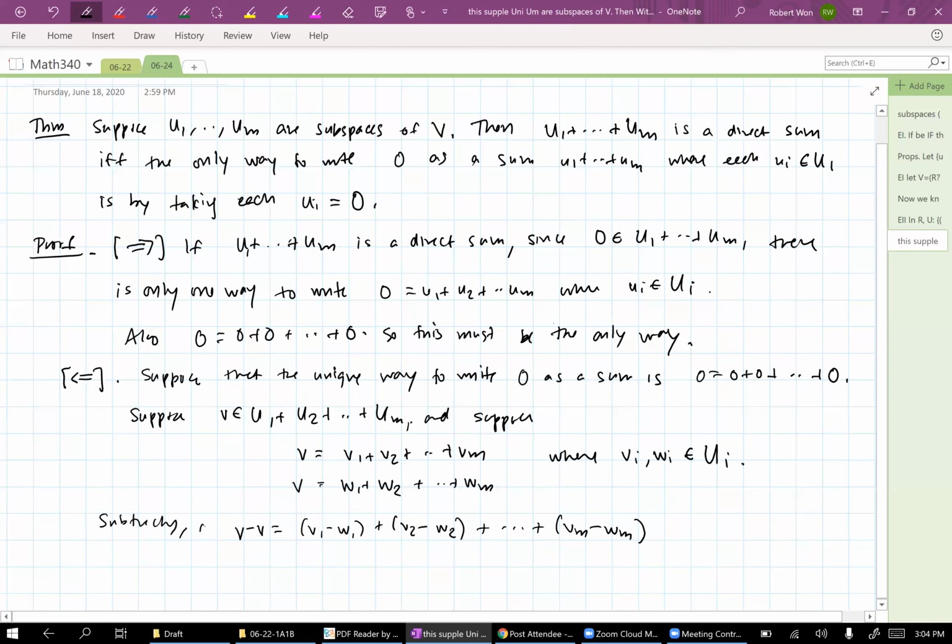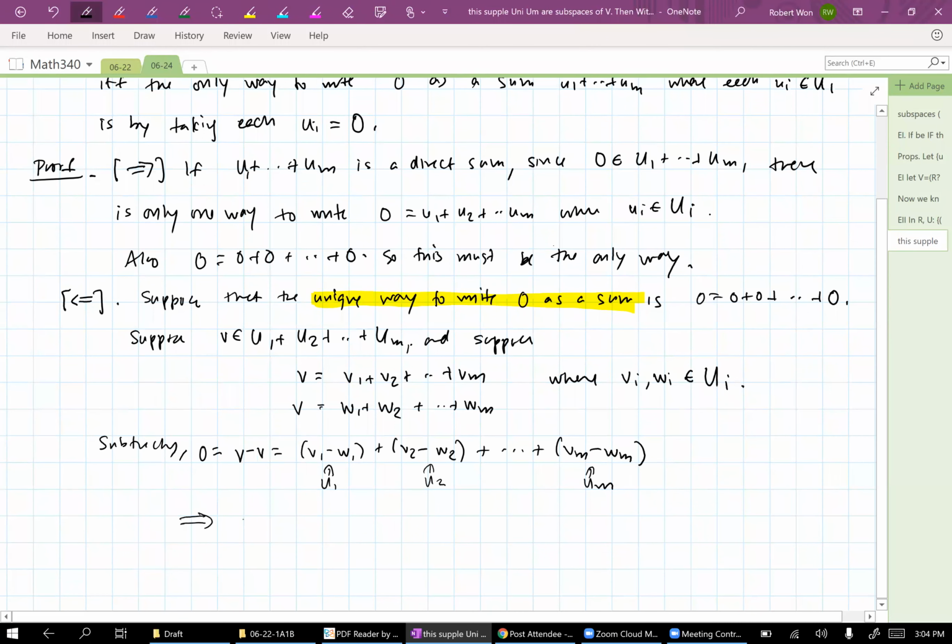Right, but v minus v is 0. So what do I have here? Well, since each of the Ui's is a subspace, it's closed under subtraction, addition and scalar multiplication. So here I've written 0 as a sum of things, one from each of the Ui's. And by hypothesis, I assumed that there was a unique way to write 0. So this must mean, by our hypothesis, that v1 minus w1 equals 0, v2 minus w2 equals 0, up to vm minus wm equals 0.